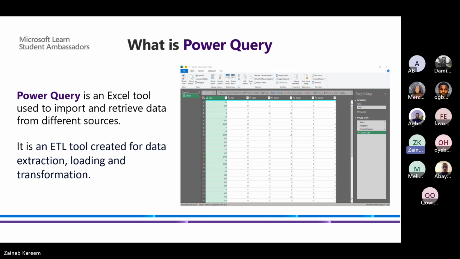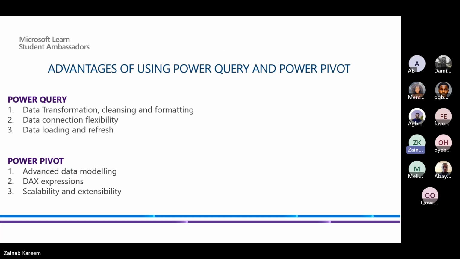All right, great. Next I'll be talking about the advantages of using Power Query and Power Pivot. First, Power Query: you can use it to transform, clean, and format your data, unlike cleaning data manually in Excel. You don't have to write a bunch of formulas before you can clean and transform your data in Power Query.